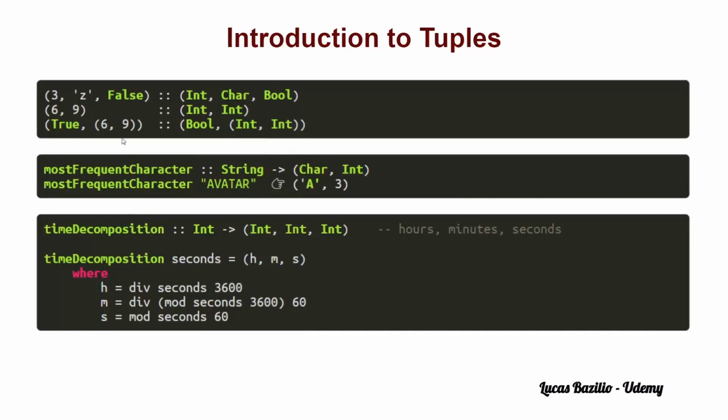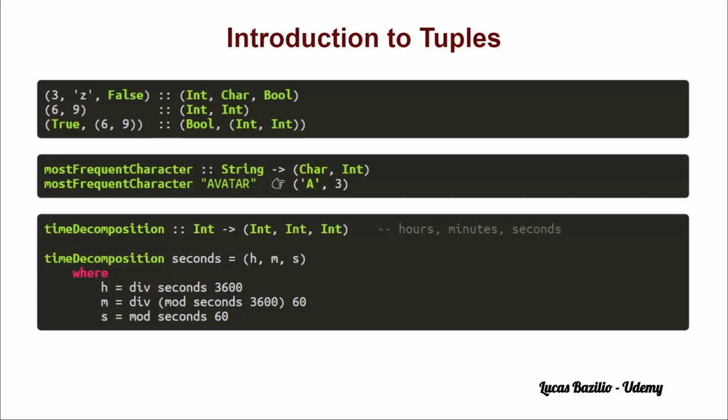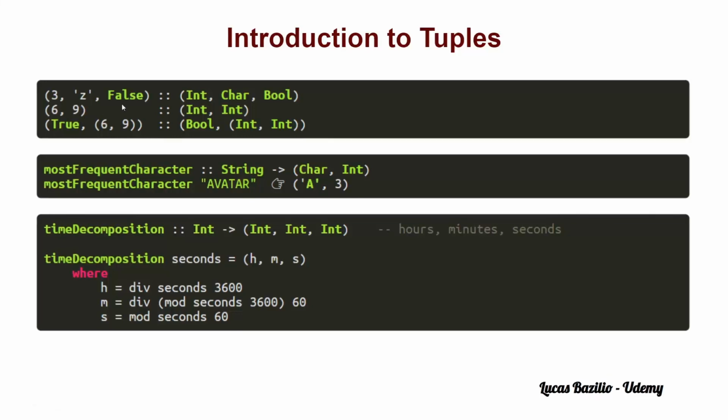Their type follows the same syntax. Types are written between parentheses and separated by commas. Then we have here another tuple consisting of two integers, the integer 6 and the integer 9. So it is a tuple of two elements, both of them integers. And here we have the type of this object defined. It is a tuple of two integers, right?